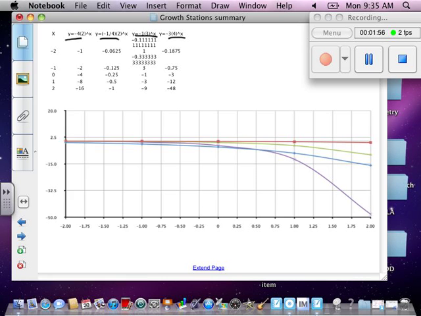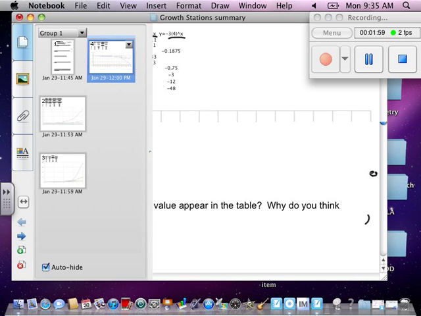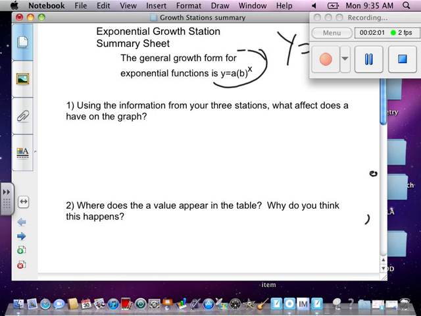So we're going to turn to our last page, the summary sheet, and we're going to go over this. We've got the exponential growth summary sheet. The general growth form for exponential functions is y equals ab to the x. Using the information from your 3 stations, what effect does A have on the graph?